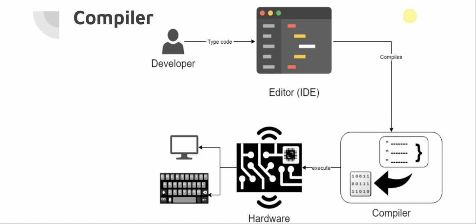So the compiler reads all the instructions, transforms them into zeros and ones, so machine code, and then this machine code is executed on hardware or motherboard or whatever it is with the help of the CPU. Then it can control the sound system, it can control the mic, it can print something on the screen, it can read input from the keyboard. All these things are possible when our code is running on hardware, and the hardware or the computer understands the machine code that is in 0 and 1.